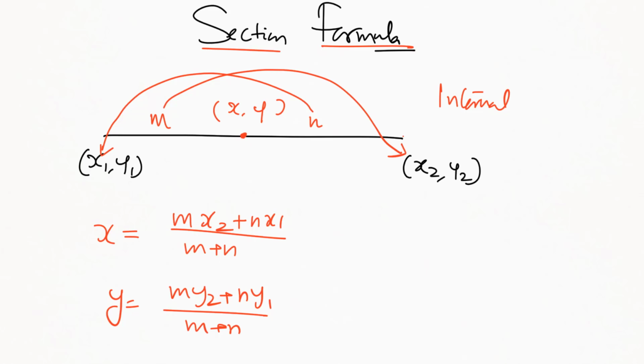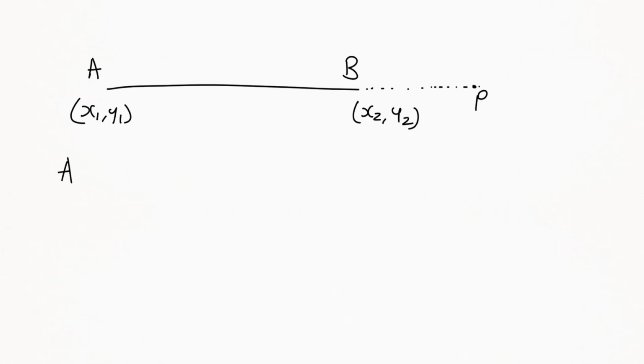If the point is outside this segment, then that will be called external division. So the meaning of external is, with x1 y1 and x2 y2, if some point here, let's say P, with A and B, this will obviously divide in a different way, right? The measurement of P from A and P from B, the ratio of that is m:n.